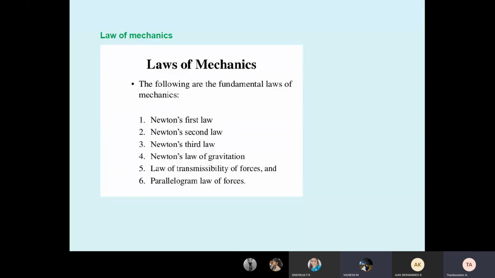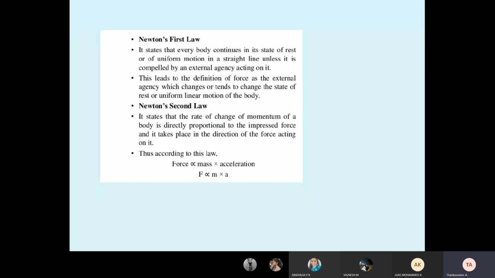These are the laws of mechanics. Already we know Newton's first, second and third laws. First, Newton's first law. Azaz, can you read Newton's first law?